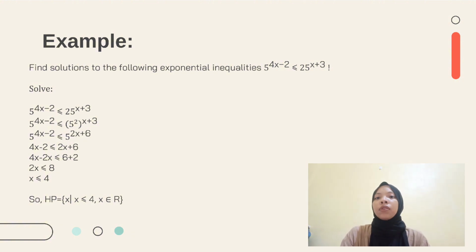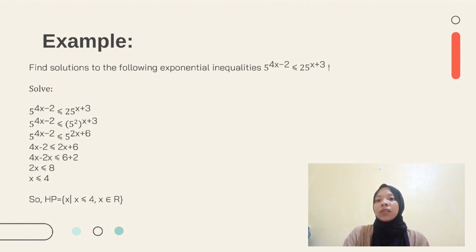Answer: 5 to the 4x minus 2 is less than or equal to 5 squared, in brackets, to the x plus 3. 5 to the 4x minus 2 is less than or equal to 5 to the 2x plus 6. 4x minus 2 is less than or equal to 2x plus 6.